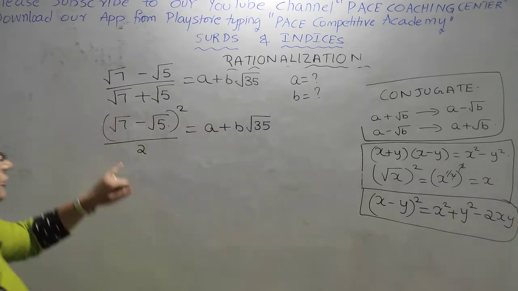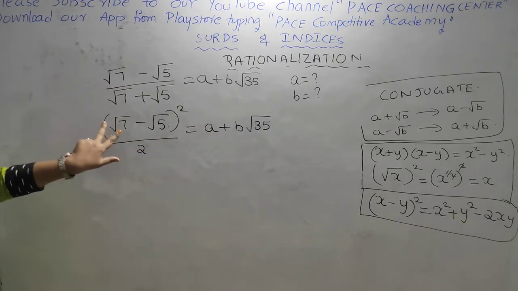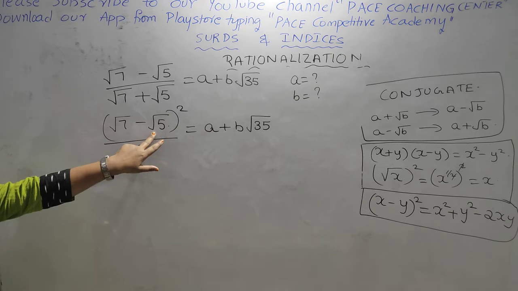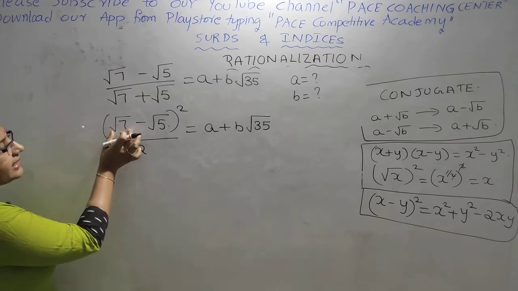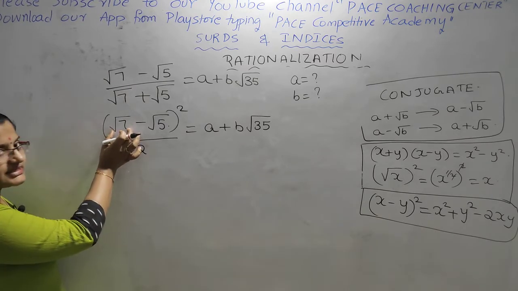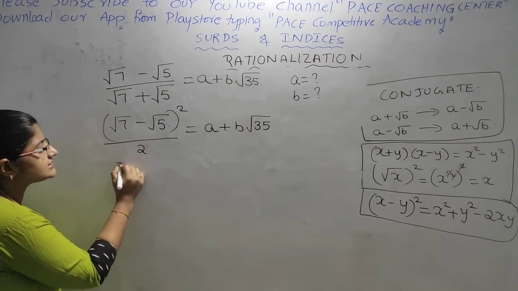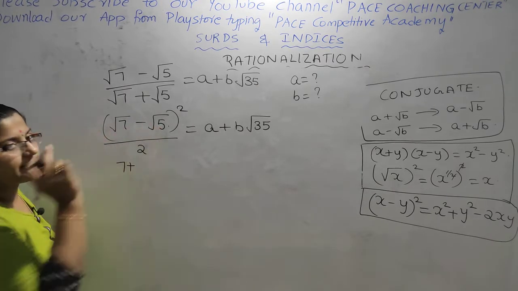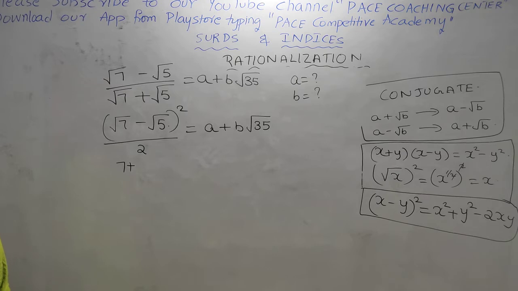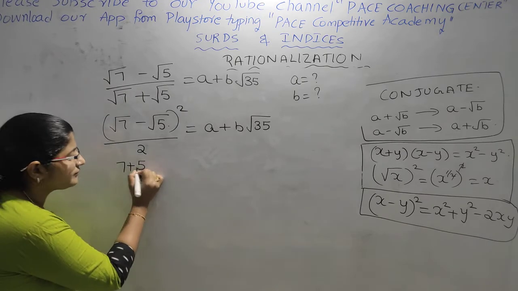So x square is root 7 square, which is 7, plus y square is root 5 square, which is 5.